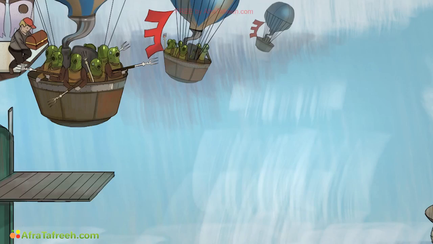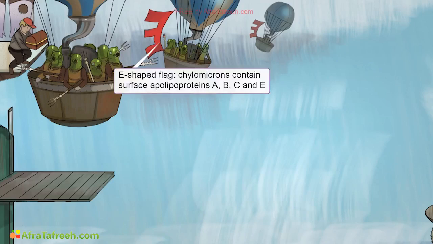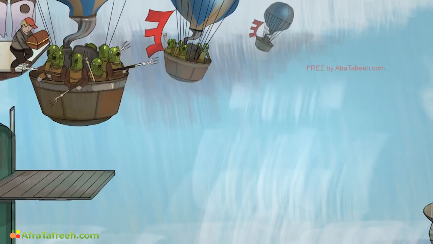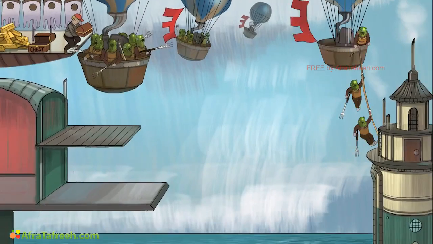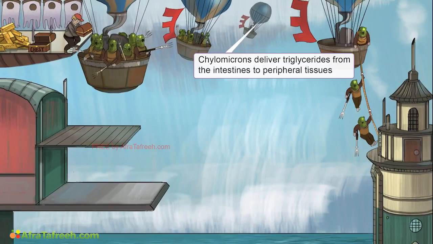We've incorporated the letter E into the sail on these chylomicron hot air balloons to remind you of ApoA through E. Also, ApoE will play an important role when chylomicrons are taken up by the liver at the end of their journey. Before they get to the liver, however, they're responsible for dropping off a few triglycerides along the way.